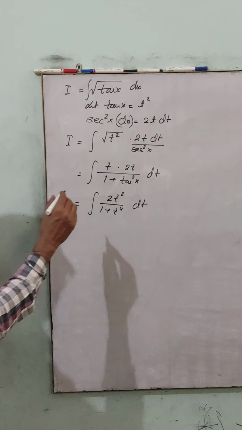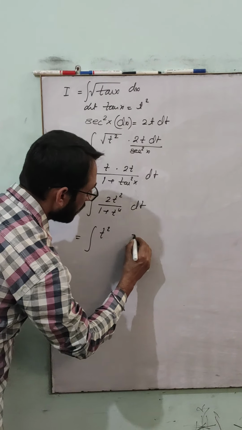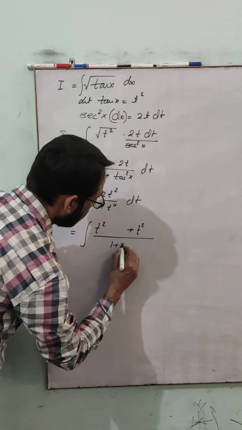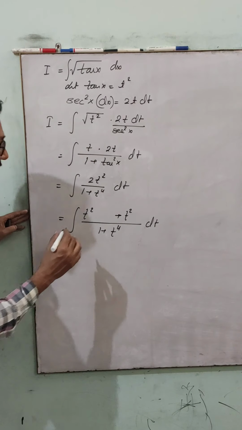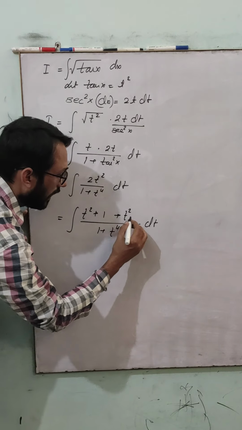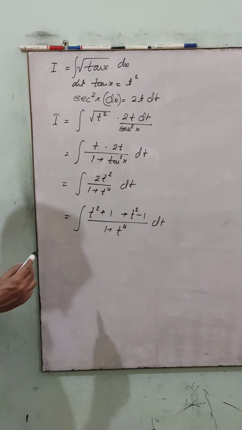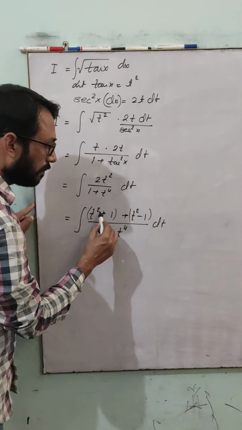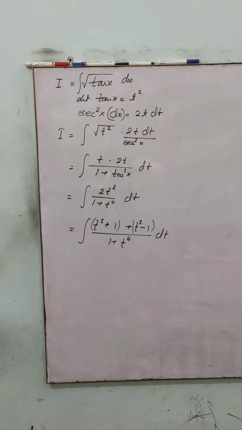Now this 2t square can be written as t square plus t square upon 1 plus t4 dt. I am adding 1 and subtracting 1. Now once we are taking this group and next time we will be taking that group.